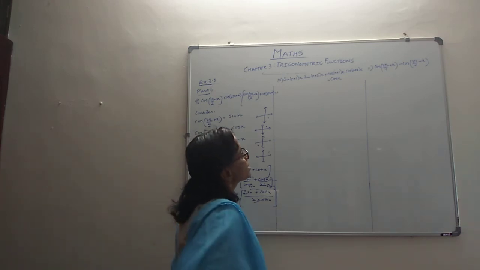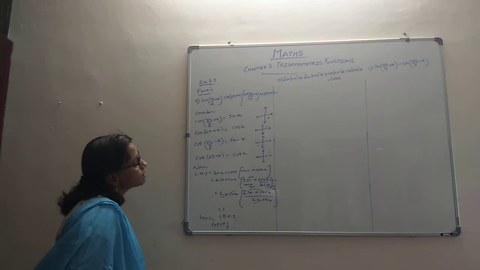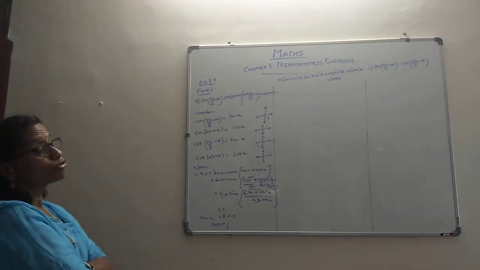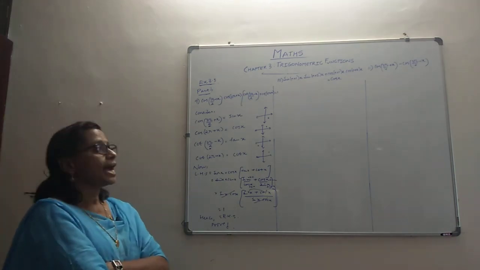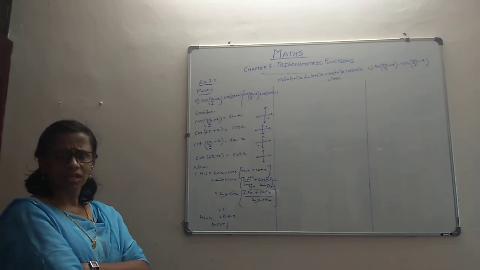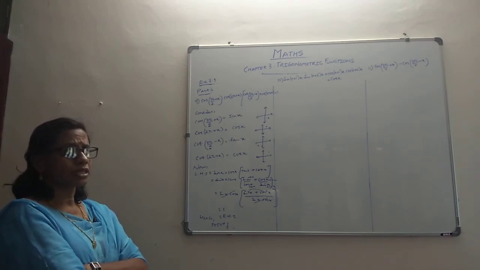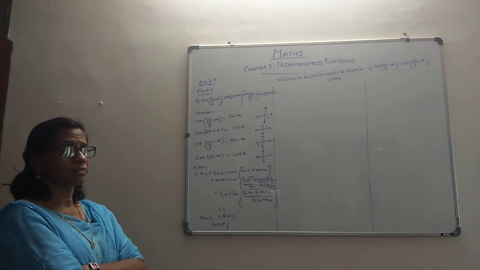sin (n+1)x into sin (n+2)x plus cos (n+1)x into cos (n+2)x. Show that it is equal to cos x. I don't know whether we are able to observe something here like what we have observed in one of the previous problems.